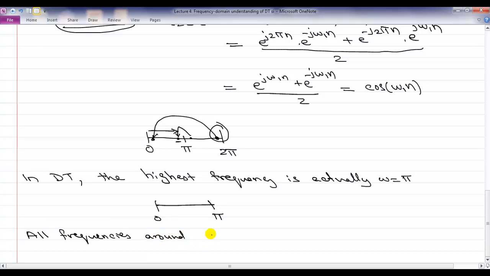around the neighborhood of 0 and any 2 pi multiple of it, because we already saw in the first difference that frequencies are 2 pi periodic. So around the neighborhood of 0 plus 2 pi k are considered low frequencies.